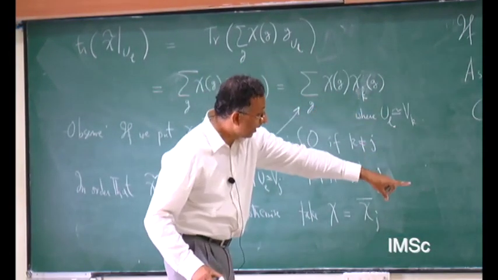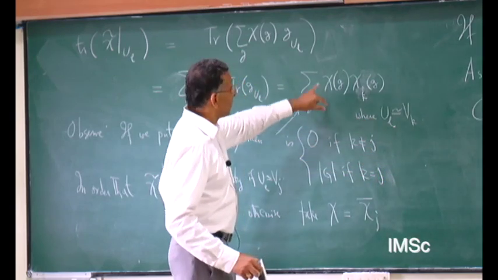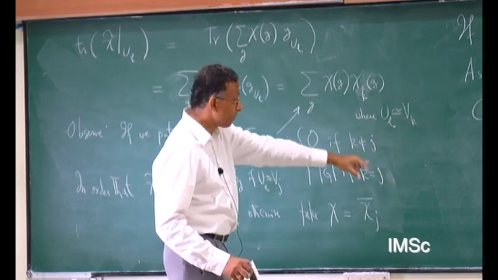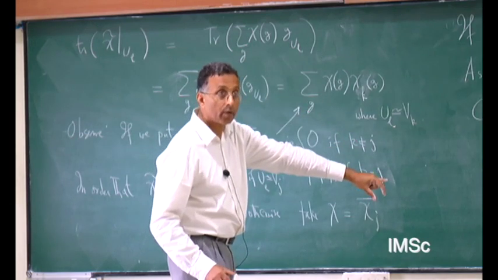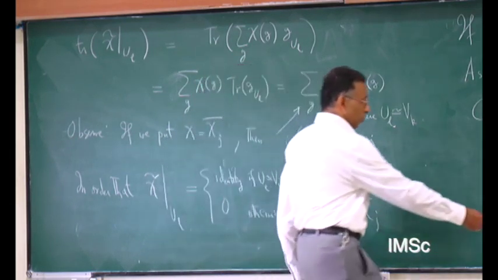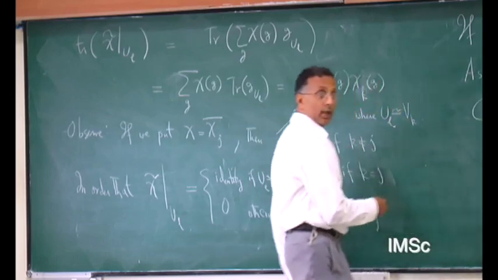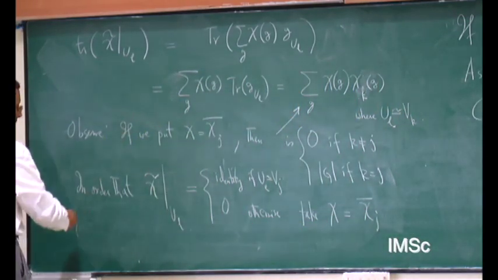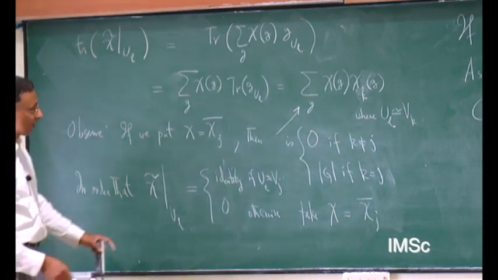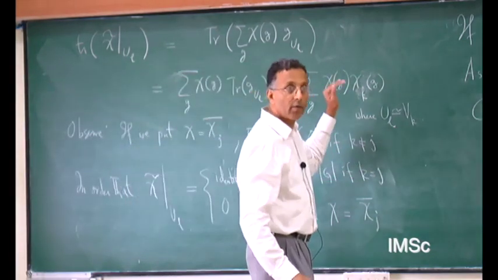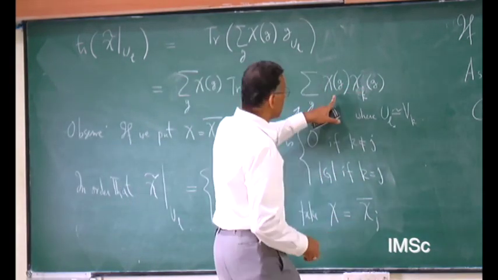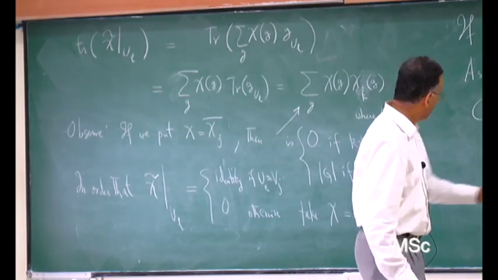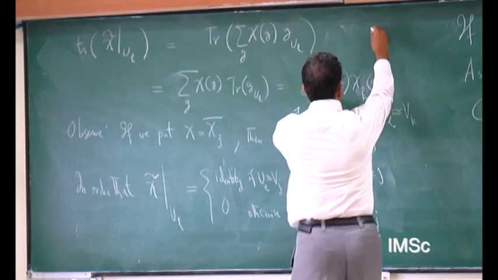The scalar is this divided by the dimension of UL, or the dimension of Vk. So the trace, I want the scalar to be 1. But what is the scalar? The scalar is this.